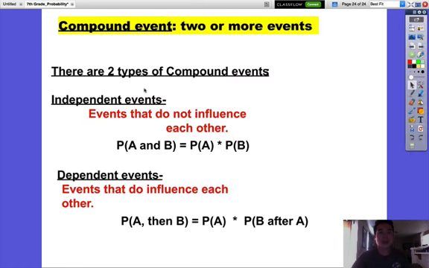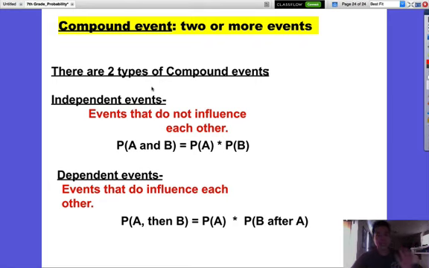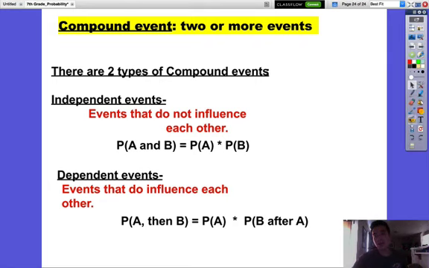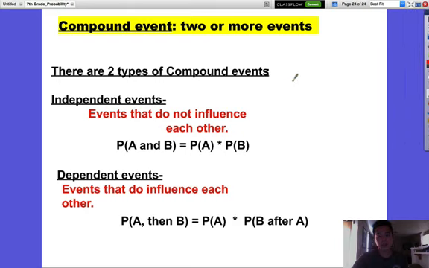Today we also went over compound events, which are two or more events. And the math is just multiplying your fractions. So a general rule of thumb is if you see the word and, probability of A and then B, or probability of A and B, you're going to multiply your fractions.